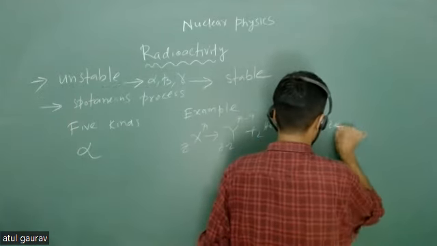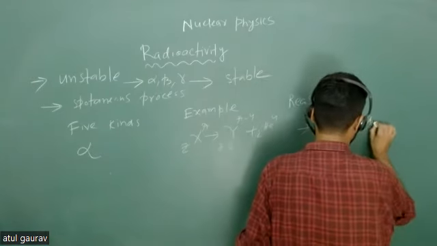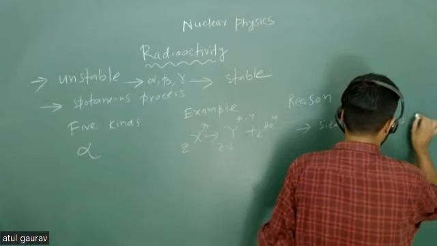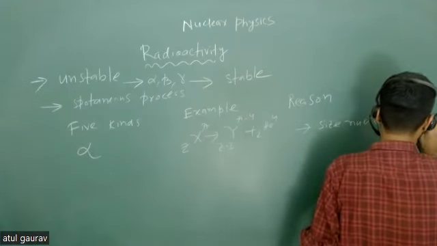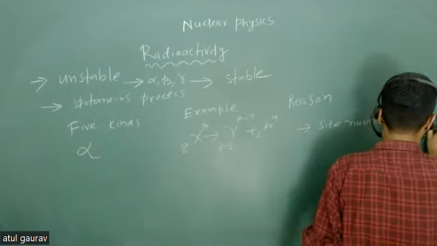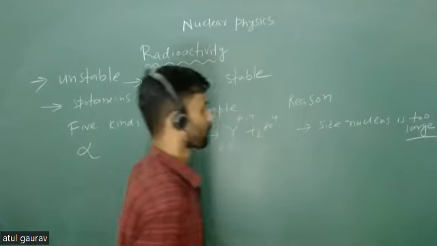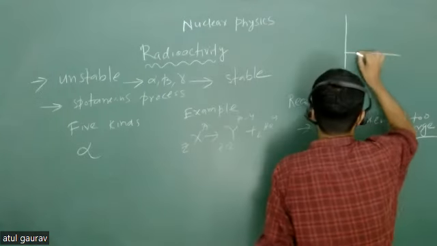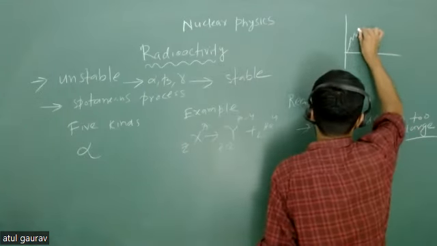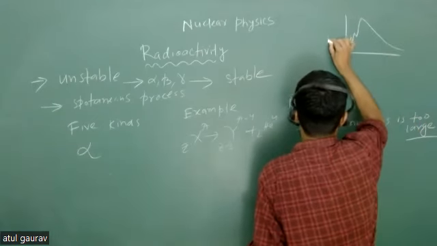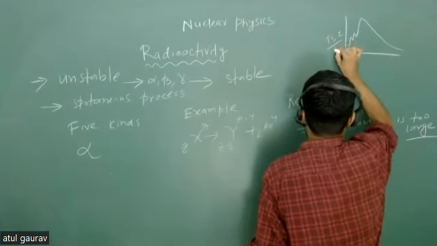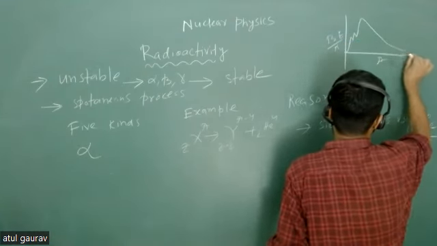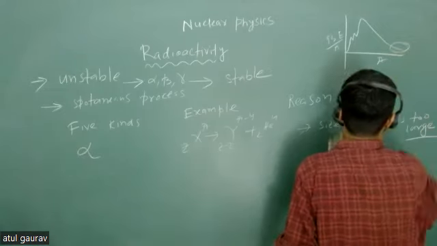Size of nucleus is too large. We discussed, if you remember, the binding energy versus nucleon curve, right? Mass number, right? Yes. This we have discussed, and we have observed that when mass number is very high, then its binding energy is less, right?